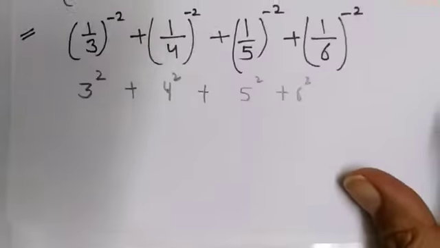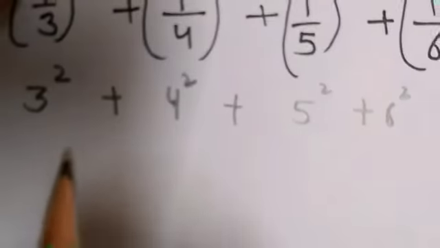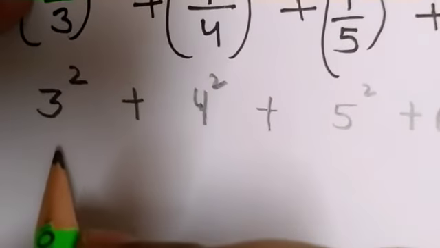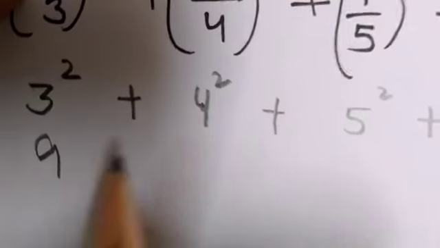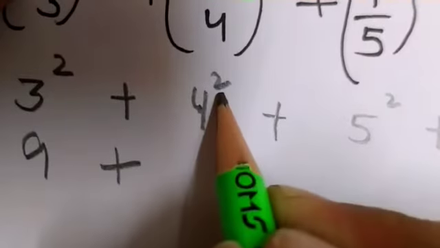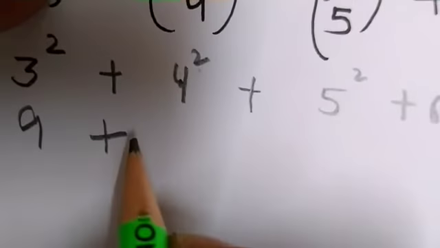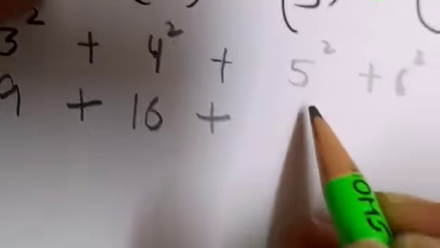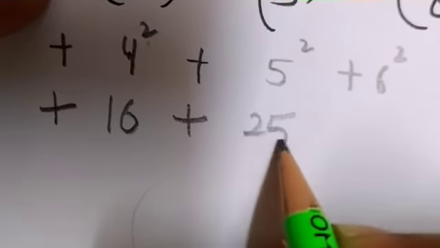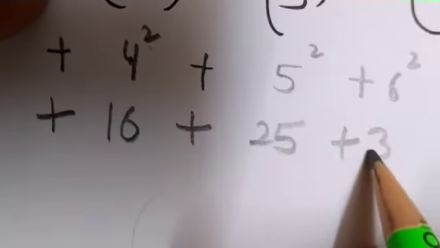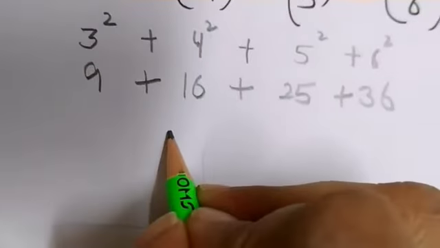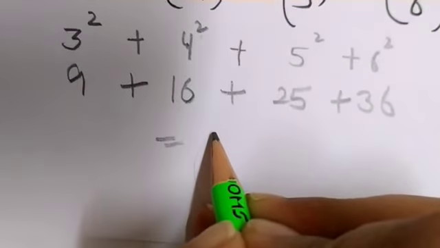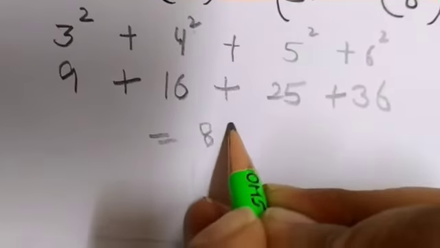Then we solve. 3 raised to the power 2 means we multiply 3 into 3, 2 times. The answer is 9. 4 raised to the power 2, 4 fours are 16. 5 raised to the power 2 is 25. 6 raised to the power 2 is 36. Then we add and we get the answer 86.